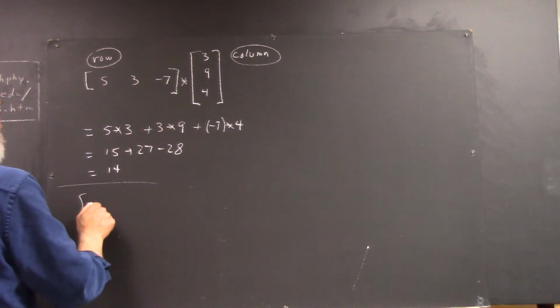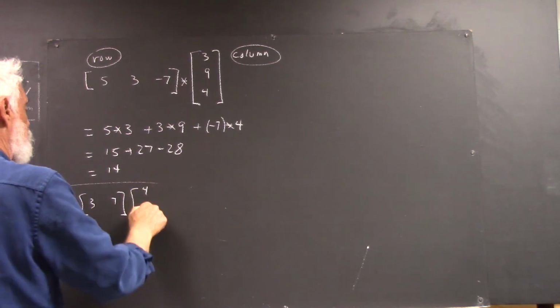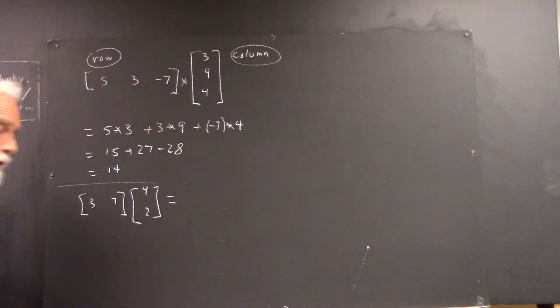Now, if I wanted to multiply 3, 7 by 4, 2, what do you think I would get? Sorry? You get 12, and then you get 14, which would be 26. Okay.